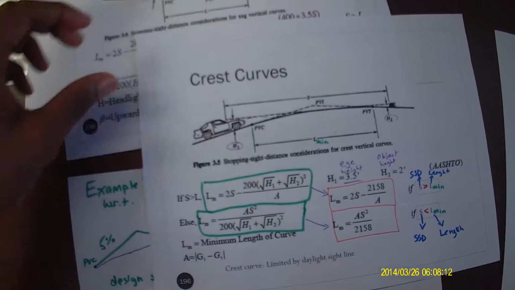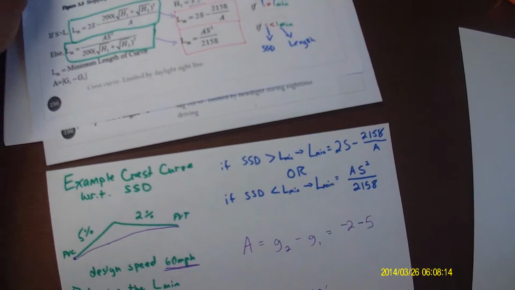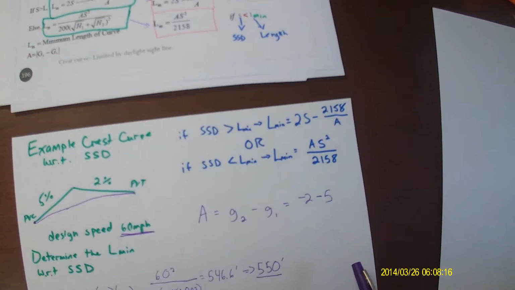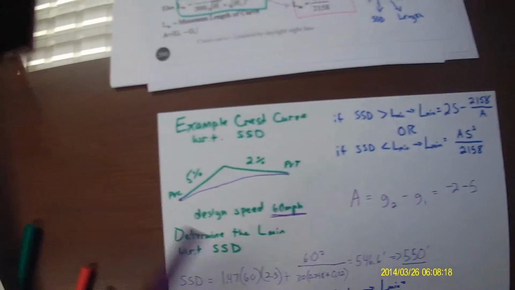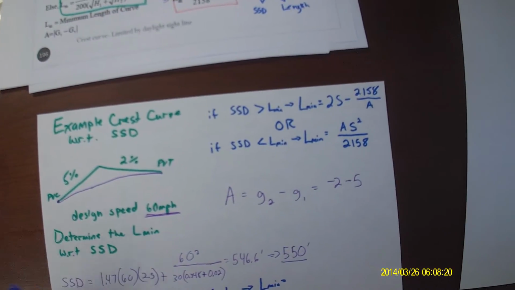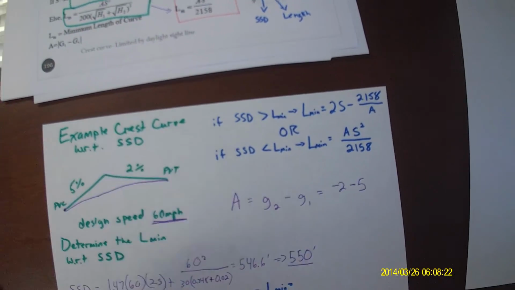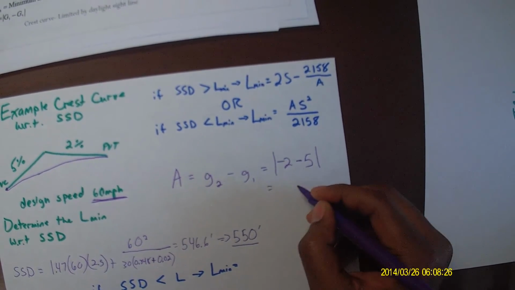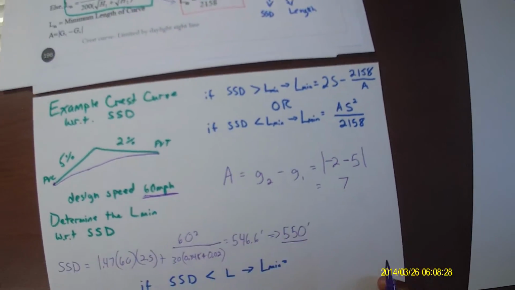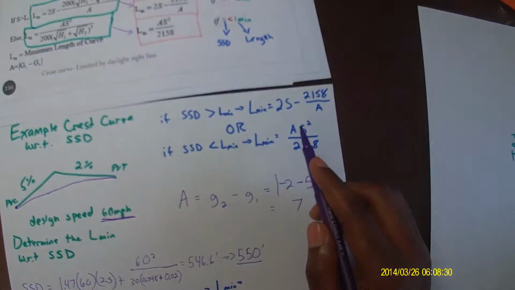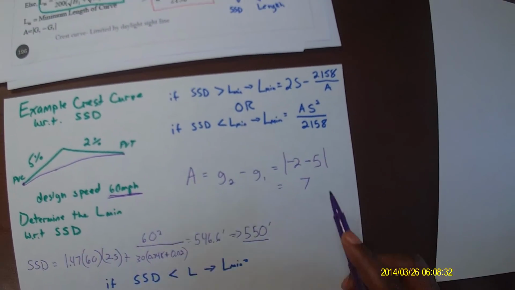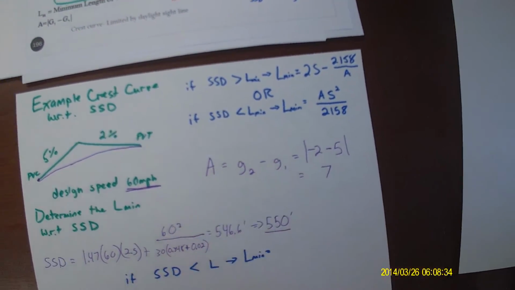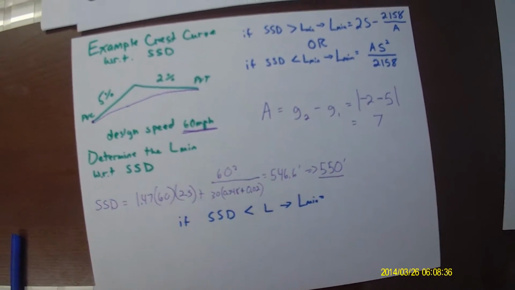So we're going to take the absolute value of those two numbers, and we're going to end up with 7. So our algebraic difference when applying this formula is going to be the absolute value of G2 minus G1. In this case, it's going to be 7.